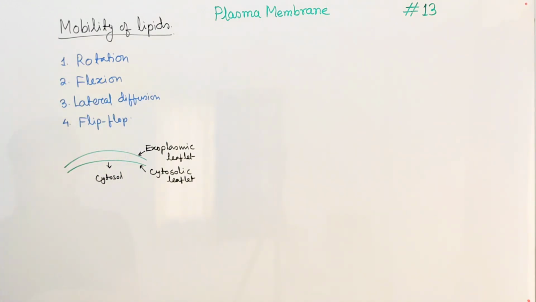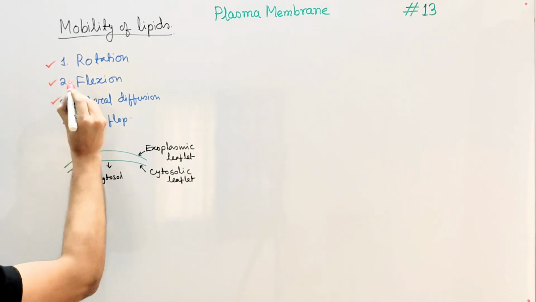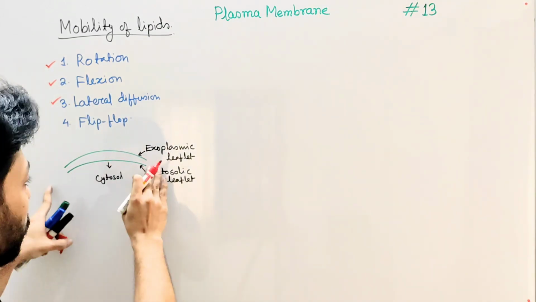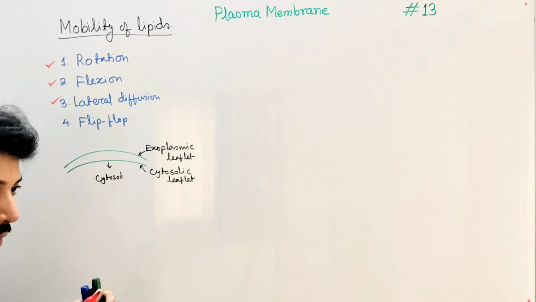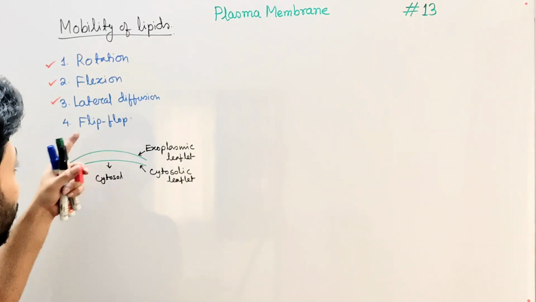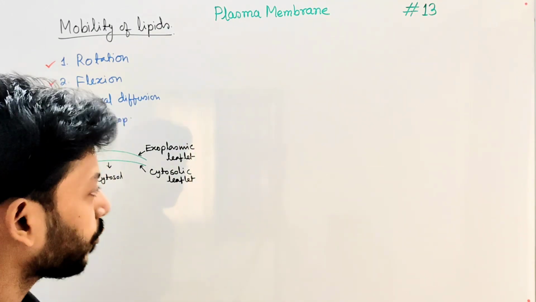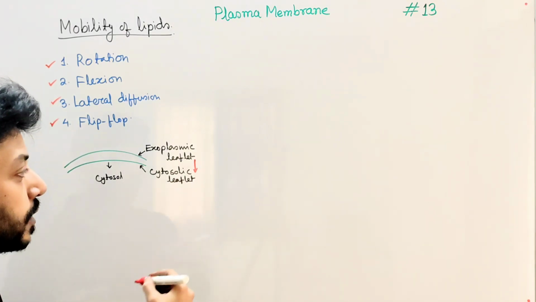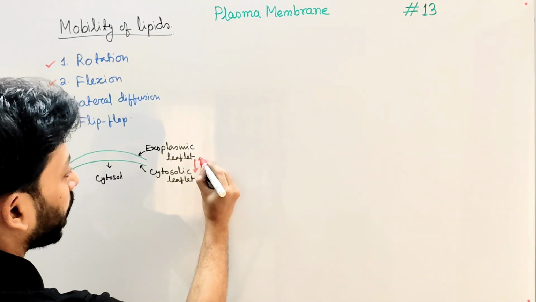Now, these three movements, rotation, flexion and lateral diffusion, occur in a particular leaflet. That means they can occur in the exoplasmic or cytosolic leaflet, in both leaflets. But flip-flop movement means the lipid molecules migrate from the exoplasmic to the cytosolic leaflet, or some lipids migrate from the cytosolic to the exoplasmic leaflet.